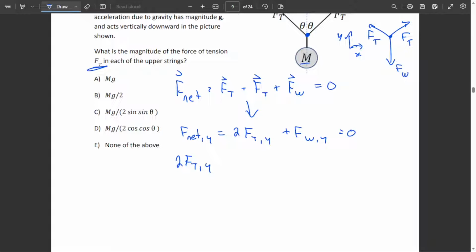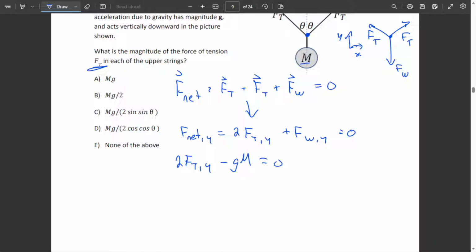Do be careful with your negatives and positives. I'm assuming y is up. The force of gravity is pointing down, so it's going to be negative. And it all equals 0.